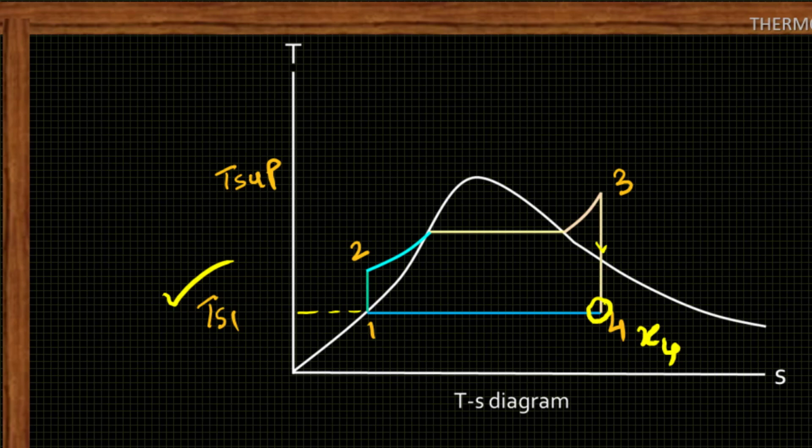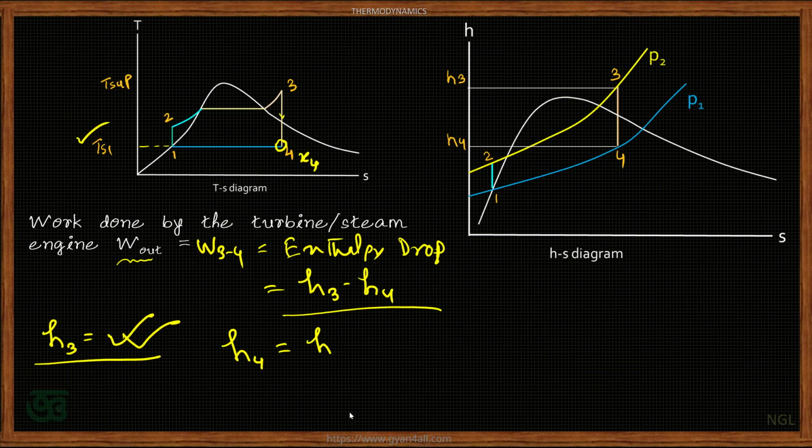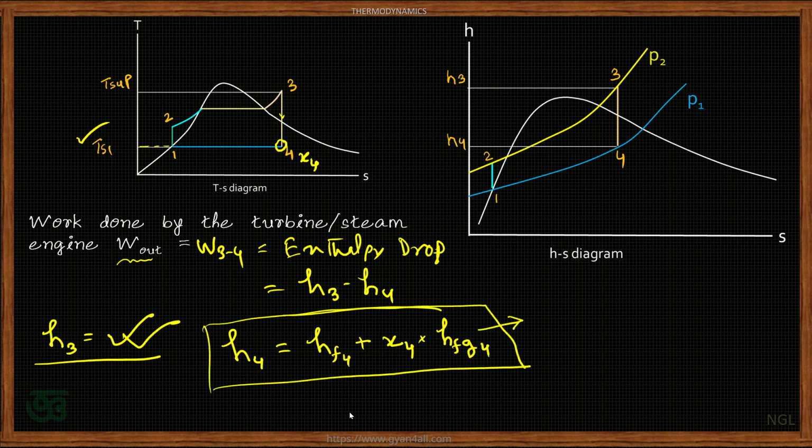That means enthalpy of the wet steam, that is equal to Hf4, 4 is for the point 4, plus the dryness fraction X4 multiplied by latent heat of vaporization Hfg4. So to calculate H4 we will have to use the steam table corresponding to the condenser pressure P1 and the saturation temperature Ts1.